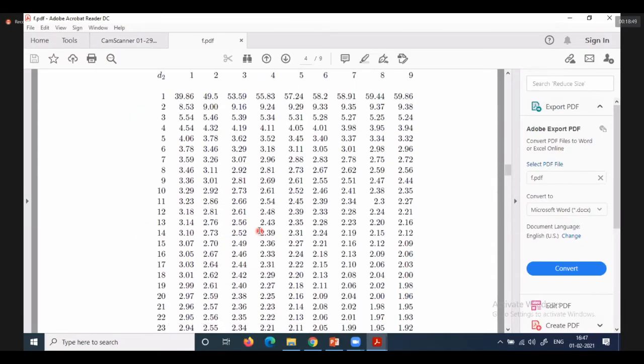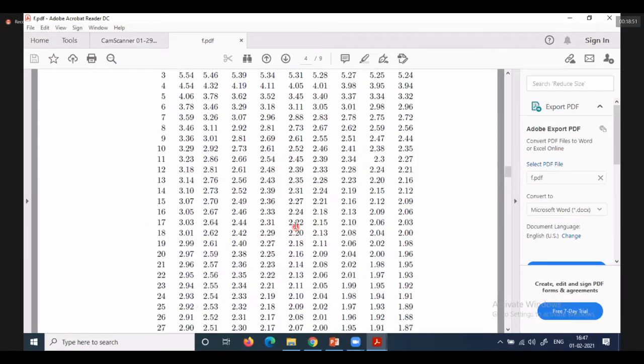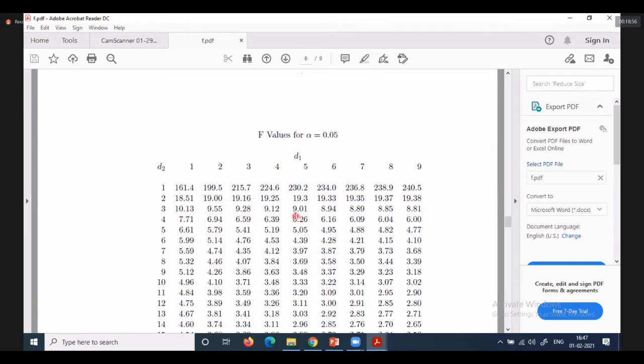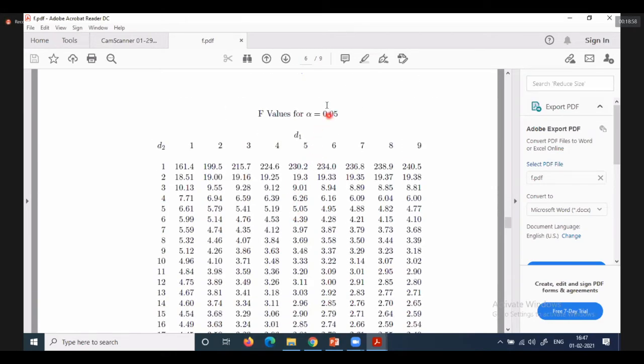We'll show you the table, how to find the table values. All of you see here, alpha is 5%. In the first row is degrees of freedom D1, that means nu 1, and in the column nu 2 is there.